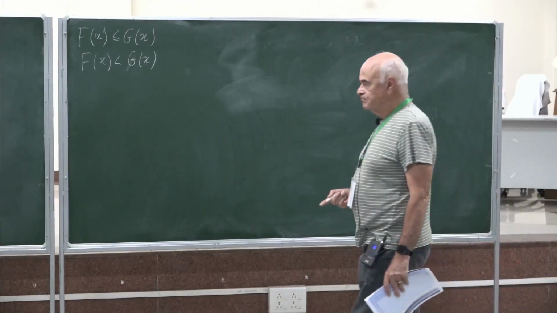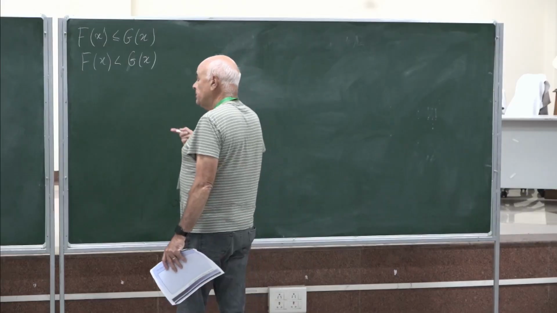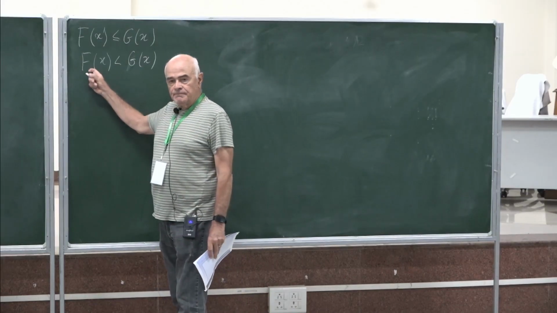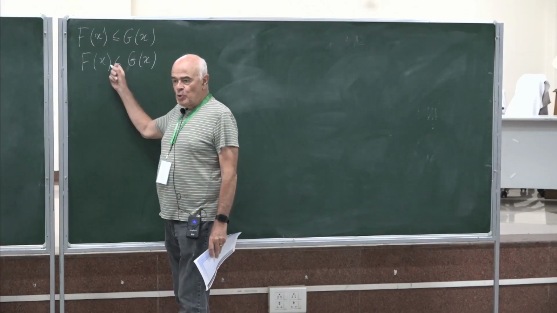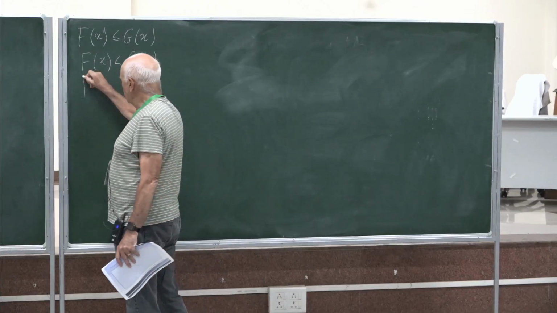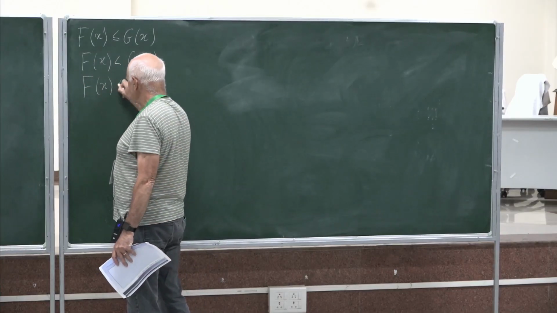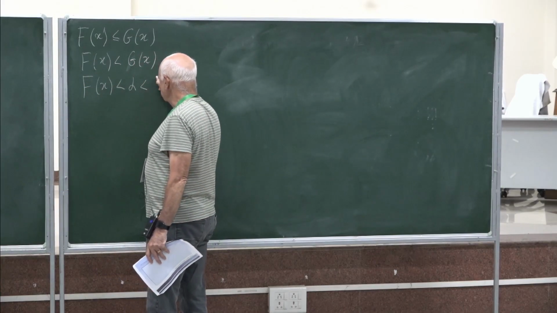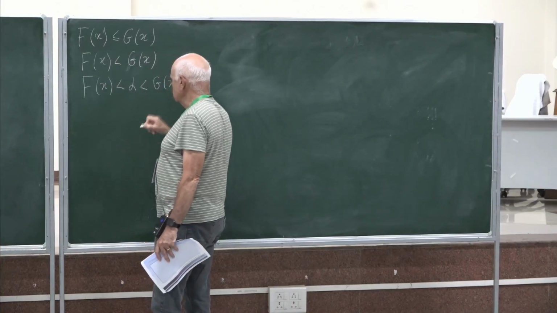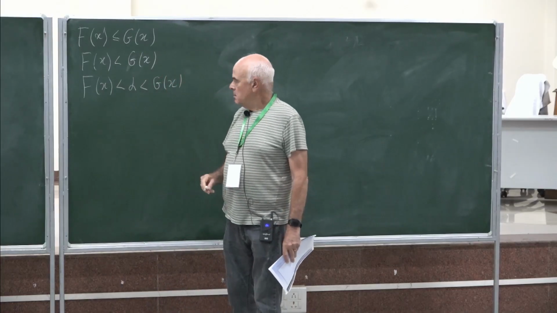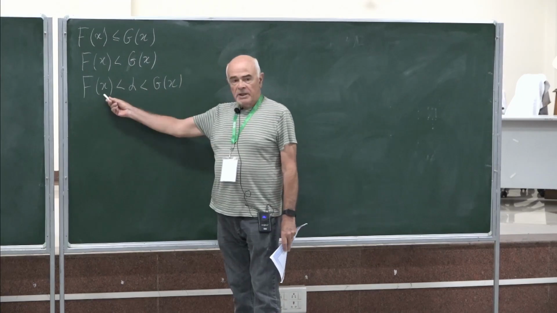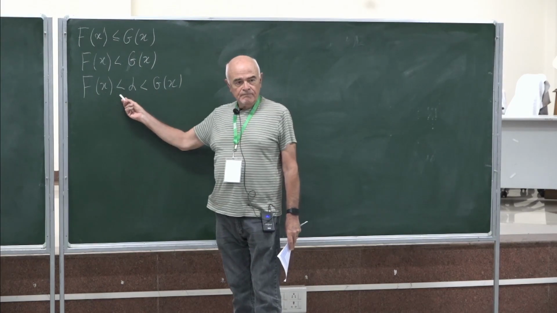Then take any real number between these two. Call it alpha. So we have f of x less than alpha.